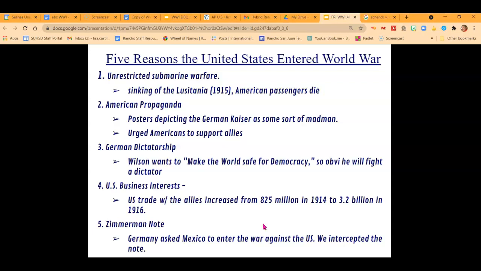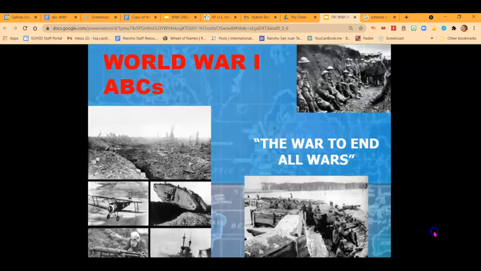Now, before Mexico could make a decision, that note was intercepted and given to Wilson, and that is going to be the final straw. We're going to fortify our borders with Mexico and withdraw from anything that we had to do with the revolution that they were having, leave them alone, and we are going to fight Germany.